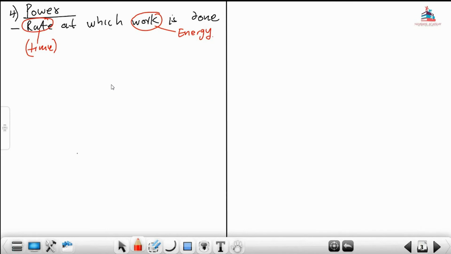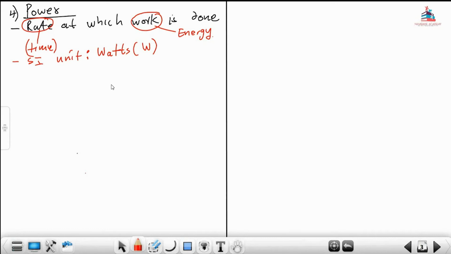So this now says to us, we are basically looking into how much work is done by an electrical appliance over a certain period of time. So the very same power, the SI unit for power is watts, and we only use a capital letter W.